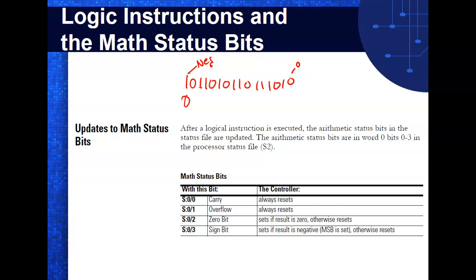If bit 15 is set, then the sign bit is going to be set. If bit 15 is 0, then the sign bit will be clear. Everybody understand that? Which one do you think we use most often on logic? Seeing if we get an answer of 0, especially with AND logic.